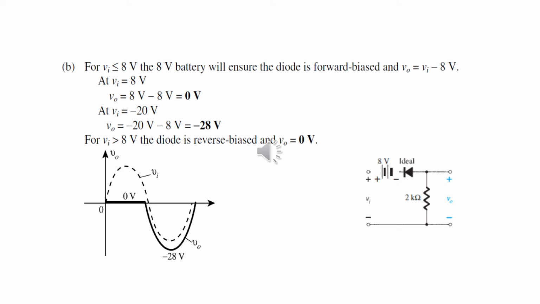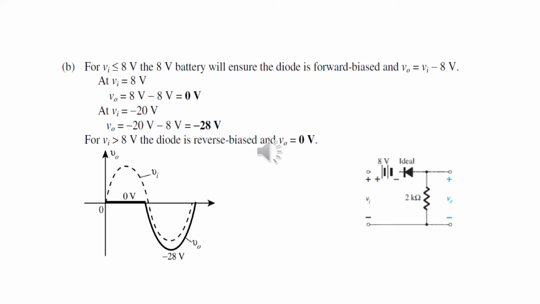Now we are going to analyze figure B. The direction of the diode is in such a way that it will be conducting in the negative cycle of the input voltage. Checking the DC voltage source, we see that negative is connected with negative and positive is connected with positive.